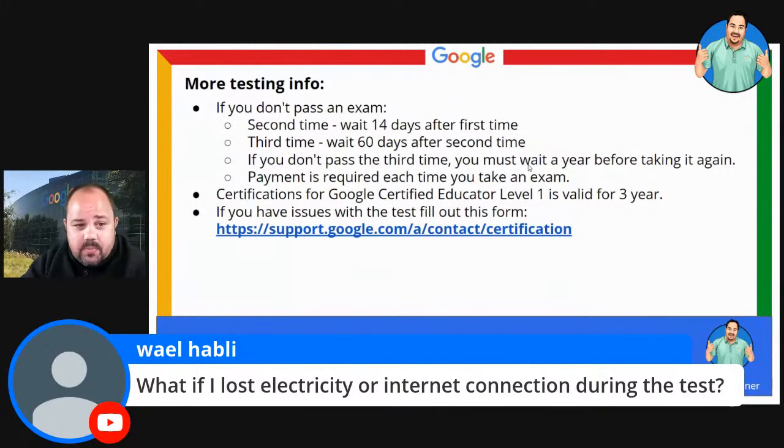And if your power goes out or your internet cuts out or you have to reboot, oftentimes people can just reboot and jump back into the test and continue on. But if your power goes out for a few hours, you have a support, which is right here, where you can email Google and explain your situation. However, I have to tell you that 3 months ago, Google would have answered you almost instantaneously.